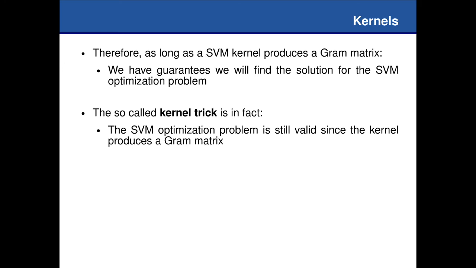Some people talk about the kernel trick. What is the kernel trick? The kernel trick is a very important concept, which ensures that as long as we obtain a Gram matrix, we have the solution for our support vector machine. So it doesn't matter if your kernel is built upon very complex scenarios or using different features or whatever.